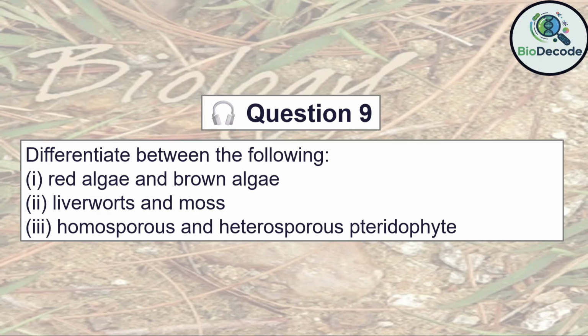Third, homosporous and heterosporous pteridophytes. Homosporous pteridophytes produce only one type of spore, which gives rise to a bisexual gametophyte, for example, Pteris. Heterosporous pteridophytes produce two kinds of spores, microspores and megaspores, which develop into unisexual gametophytes, for example, Selaginella.